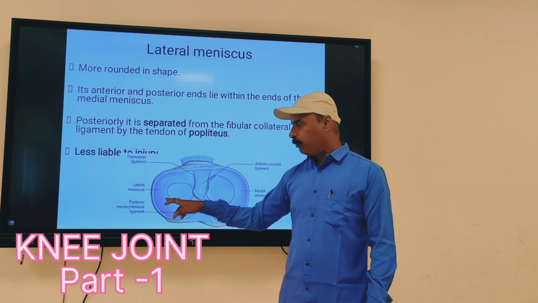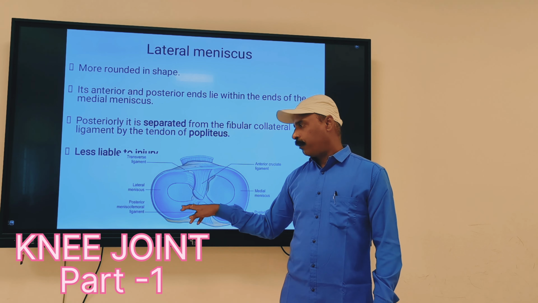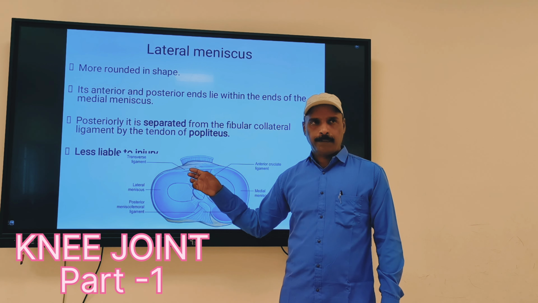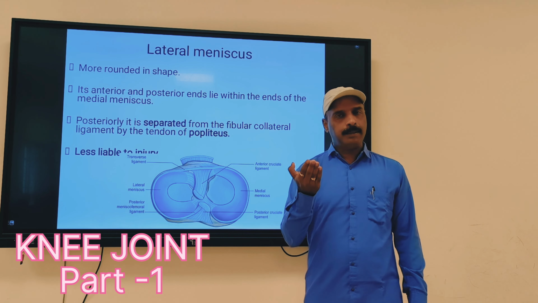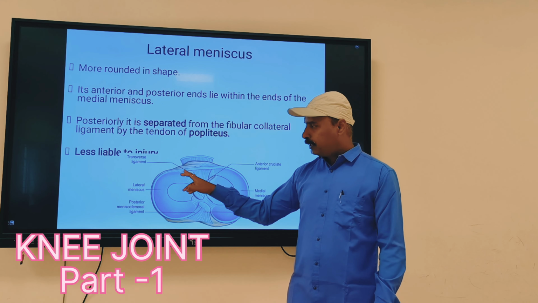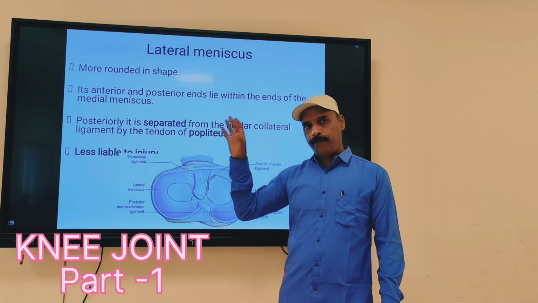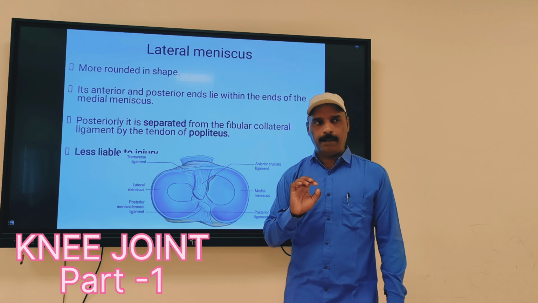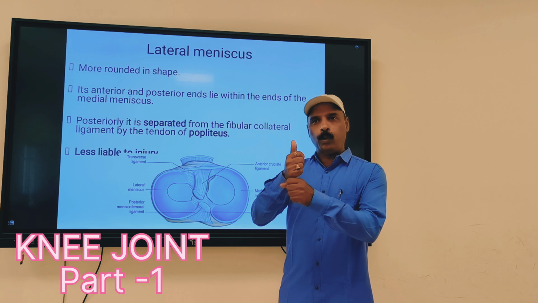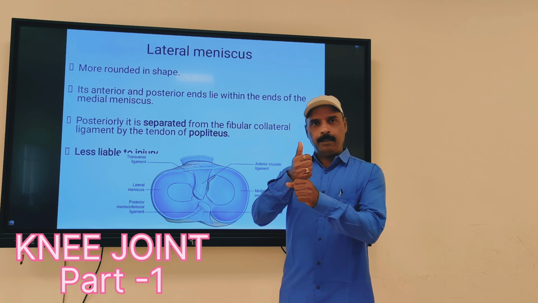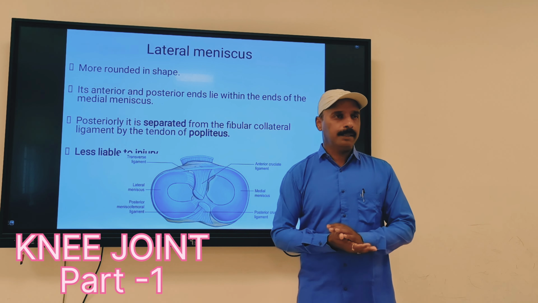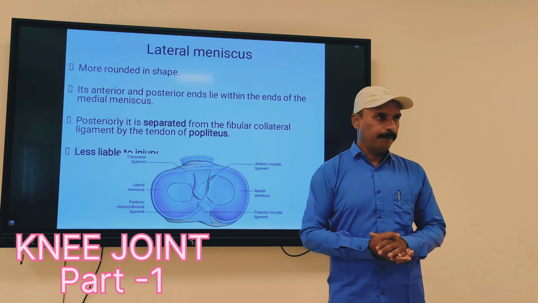So that condition, an injury to the menisci, is what we get most. Menisci are thin fibrocartilaginous sheets separating the lower end of the femur and the tibia. If they are gone, the lower end of the femur directly touches the upper end of the tibia, causing restricted movement and severe pain.